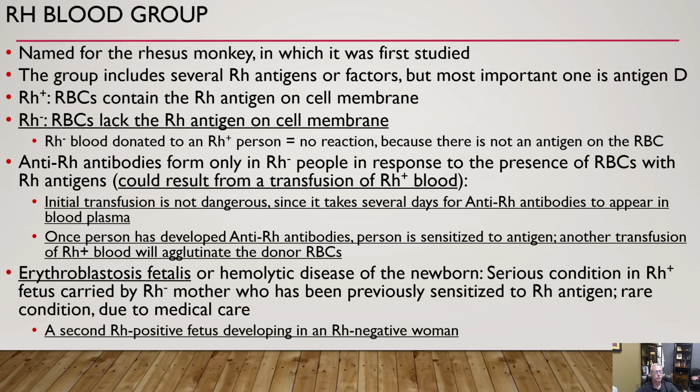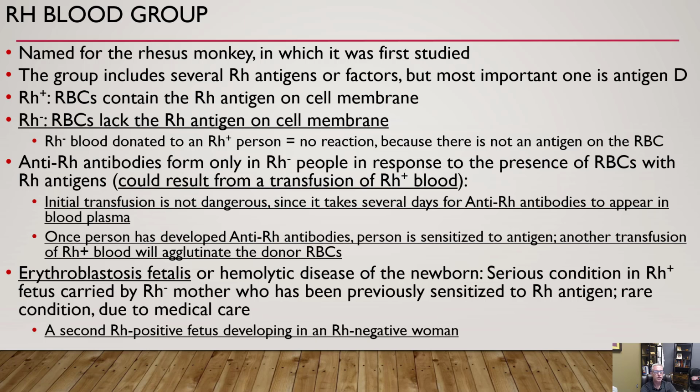It's named for basically a rhesus monkey. That's how we first discovered this. And just like with the antigens and the antibodies that we discussed earlier, one other thing that we noticed was this antigen D. So we have the antigen A and the antigen B that make up our blood type, but we also have this antigen D, as in dog, and that's also on the cell membrane.